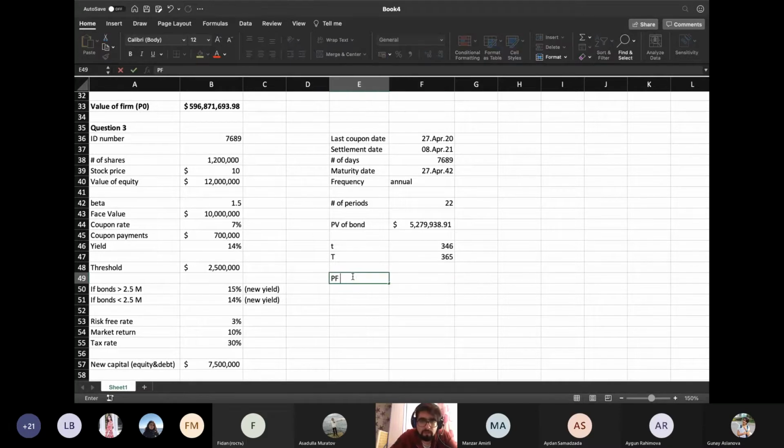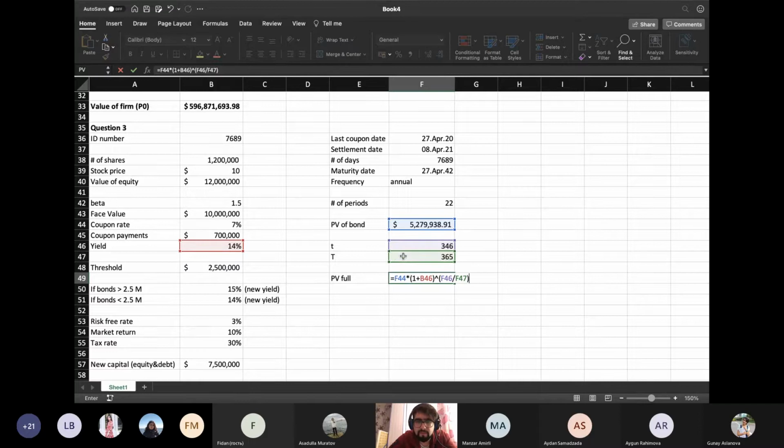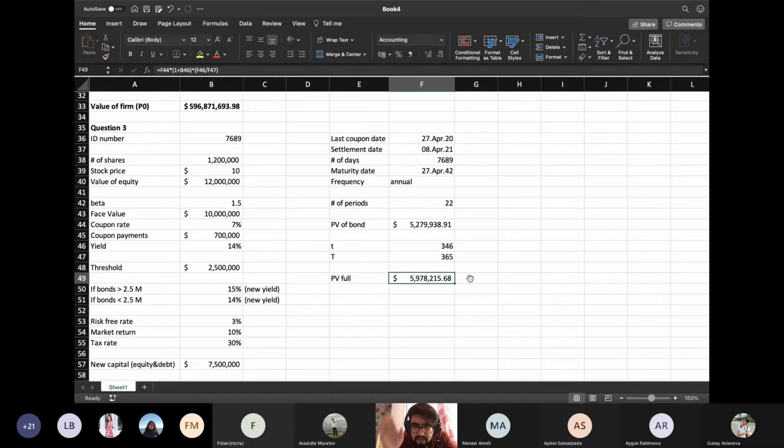So PV full price is equal to present value of the bond multiplied by 1 plus yield to the power of small t over big T. 5,900,000 and something, etc. So it is debt value.